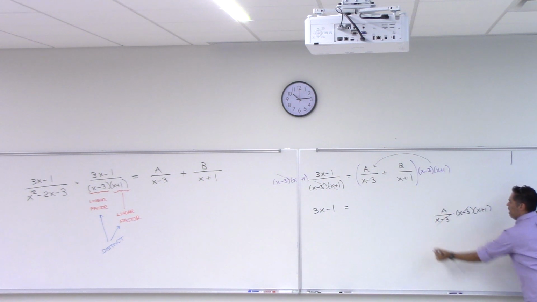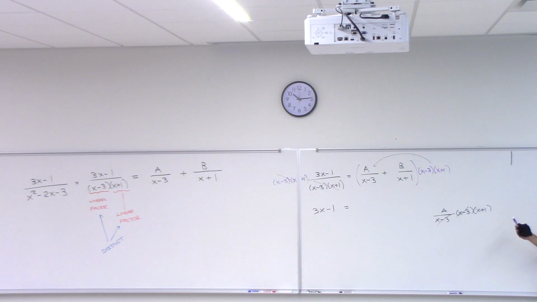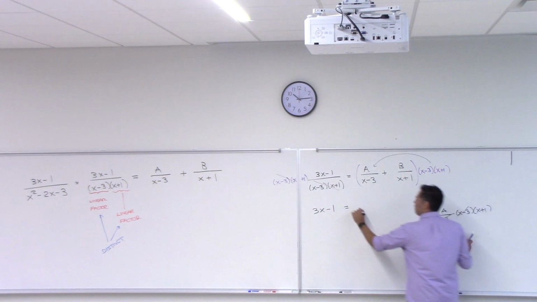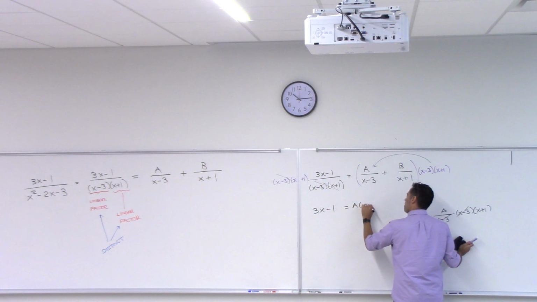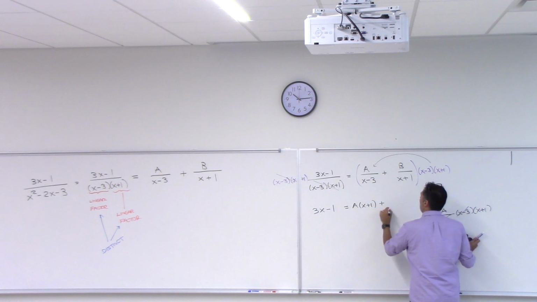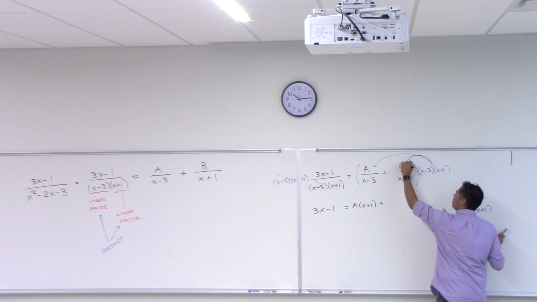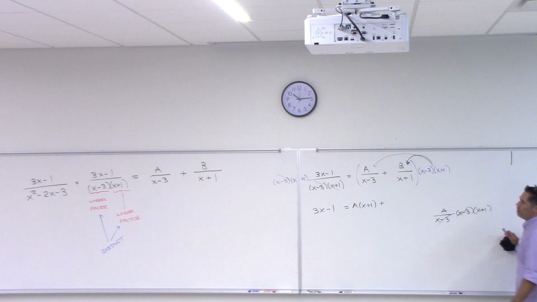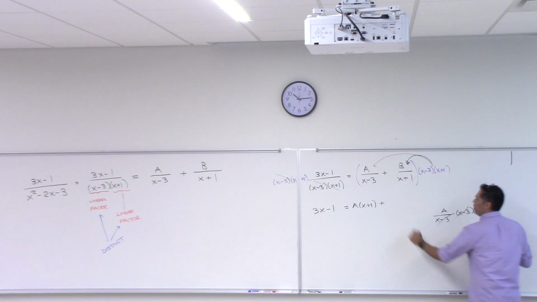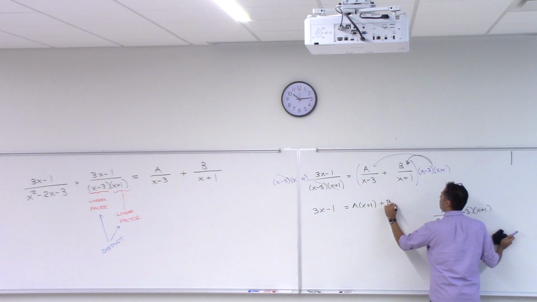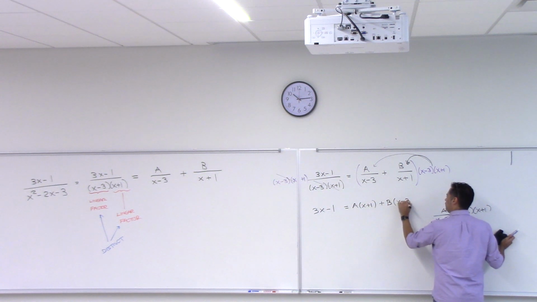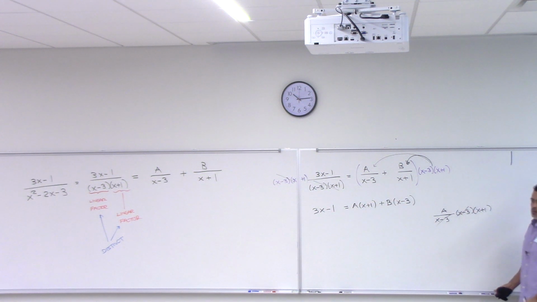And then this goes away, and so you just have the A times the x plus 1. And then plus, now when you do this to here, what cancels this time? The x plus 1. So you're left with a B in front of what? X minus 3. Okay. Do y'all agree I could do that?